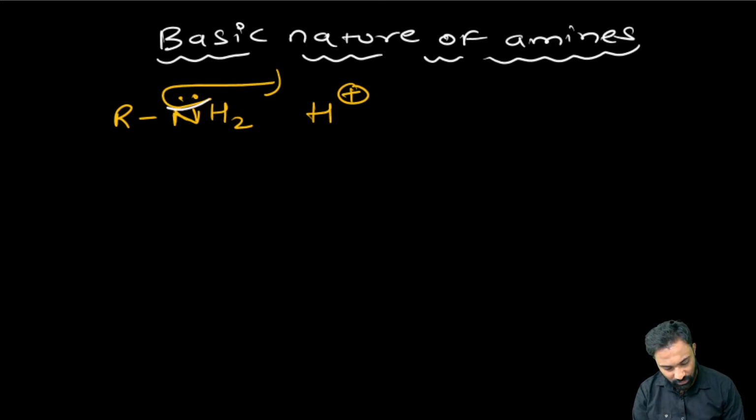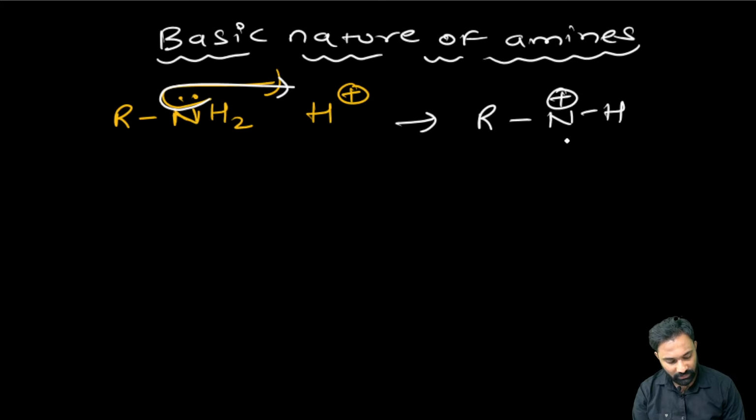Now, if this nitrogen lone pair of electrons is donated very fast to the electron deficient species, then after it has donated, it will become the conjugate acid. After becoming the conjugate acid, the positive charge on the nitrogen should be stabilized.